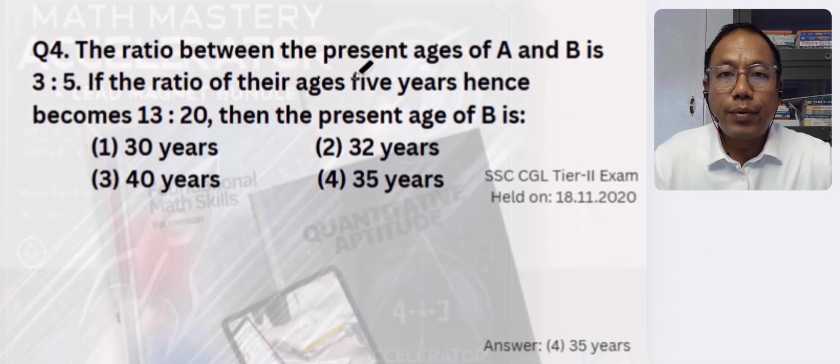The ratio between the present ages of A and B is 3:5.